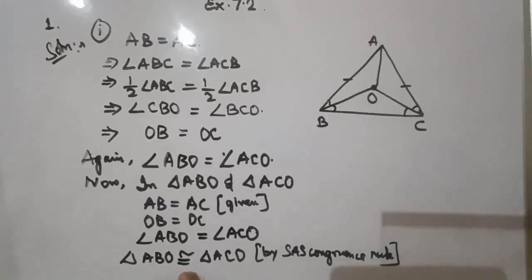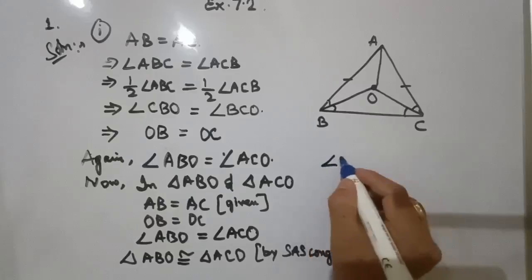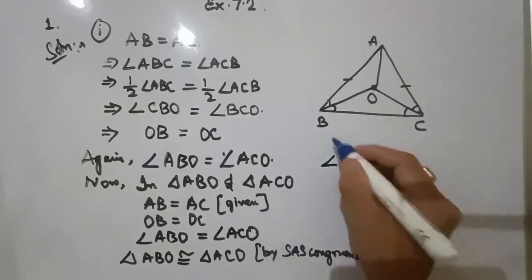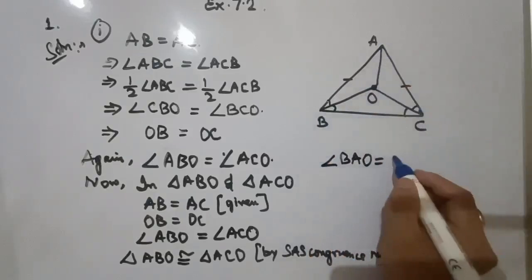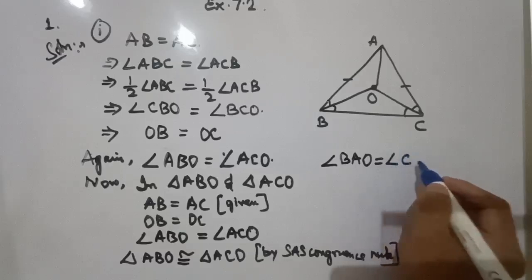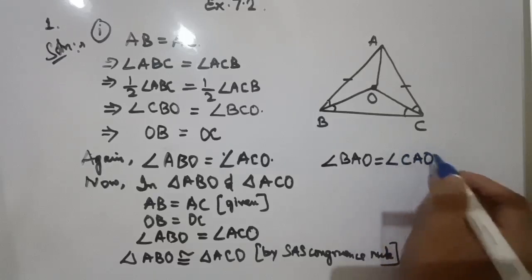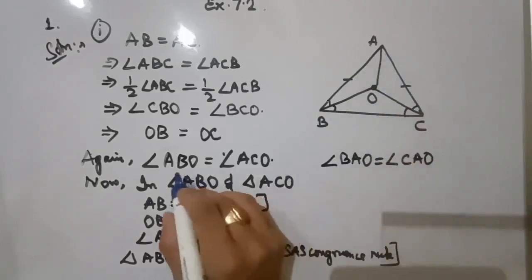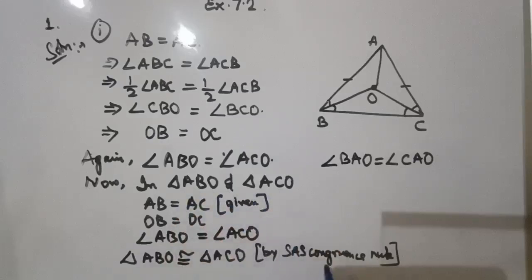Now since these two triangles are congruent, angle BAO is equal to angle CAO, being the corresponding angles of these two triangles ABO and ACO.